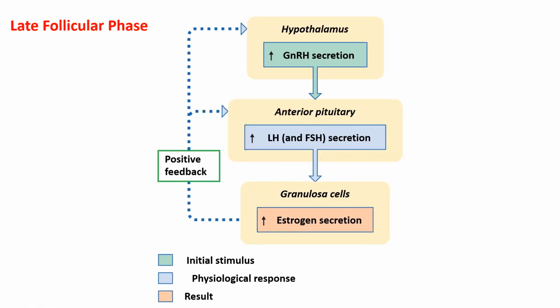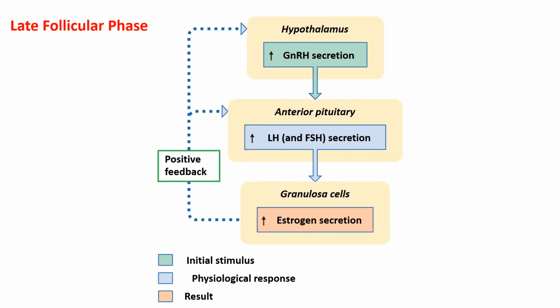But instead of estrogen having a negative feedback loop on the hypothalamus, which is what we typically saw at the beginning, here it has a positive feedback relationship, and it's going to potentiate this cycle. That's really what's going to cause the LH surge and then lead to ovulation.